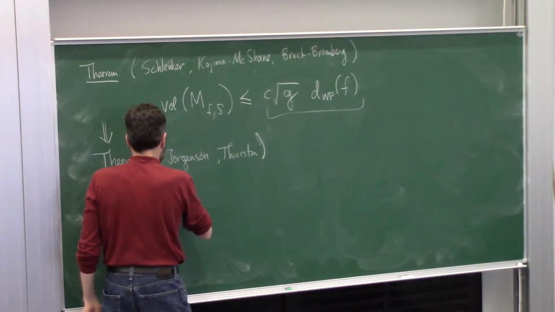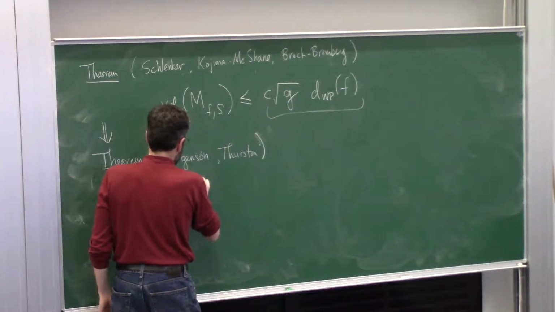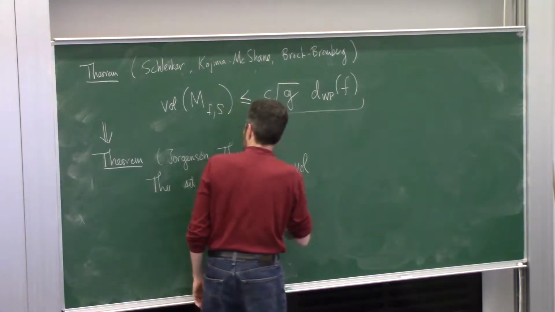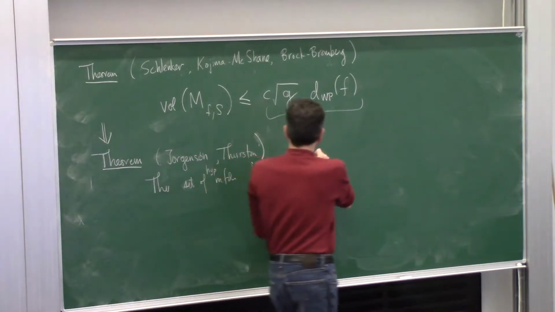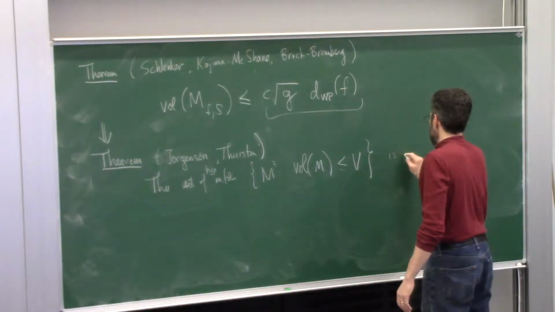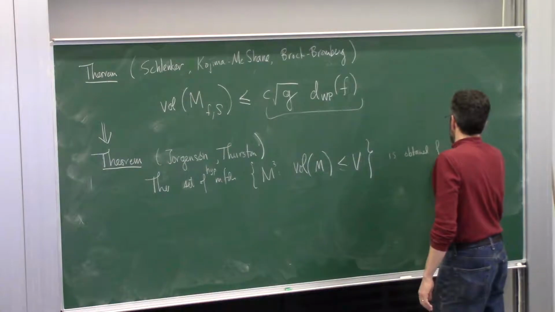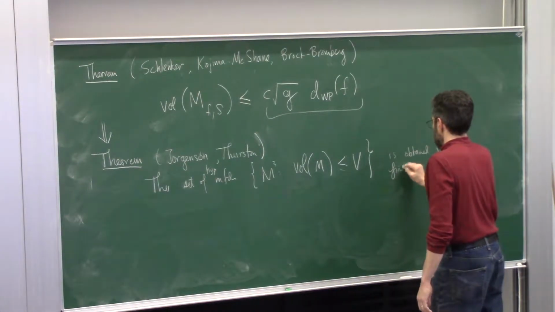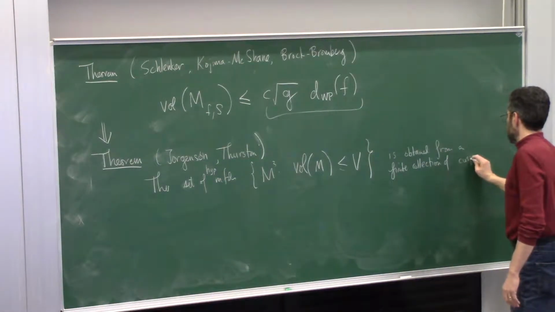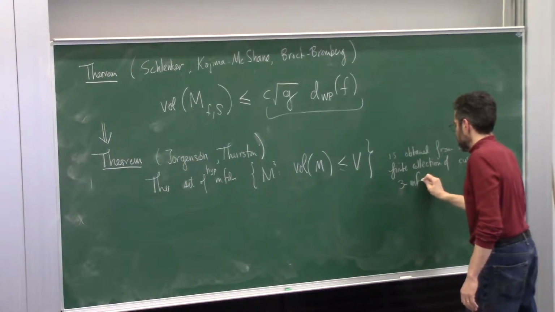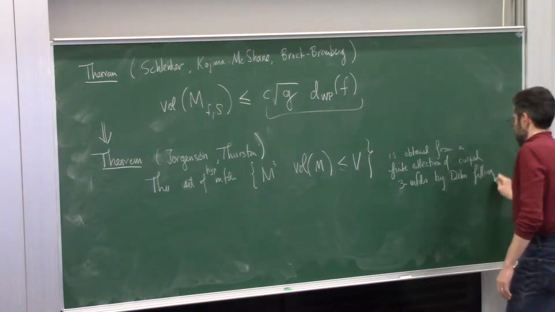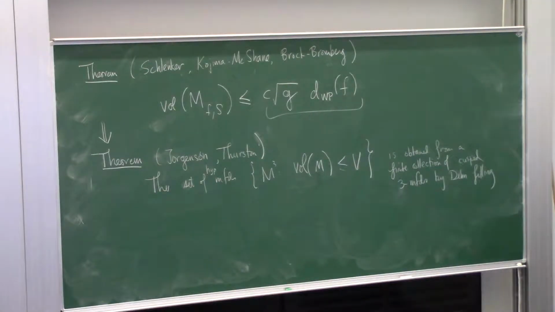So the set of hyperbolic three manifolds whose volume is less than a given V is obtained from a finite collection of cusped three manifolds by Dehn filling. Okay?